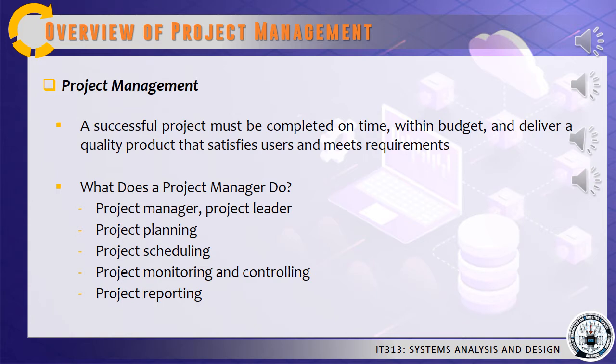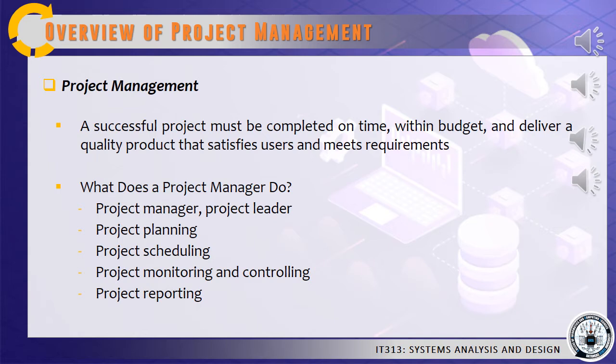Project scheduling uses Gantt charts and PERT CPM charts, which are explained in the following sections. So in this activity, the project manager will give the specific time and also the tasks of the team members. What are the roles and responsibilities of each team member?